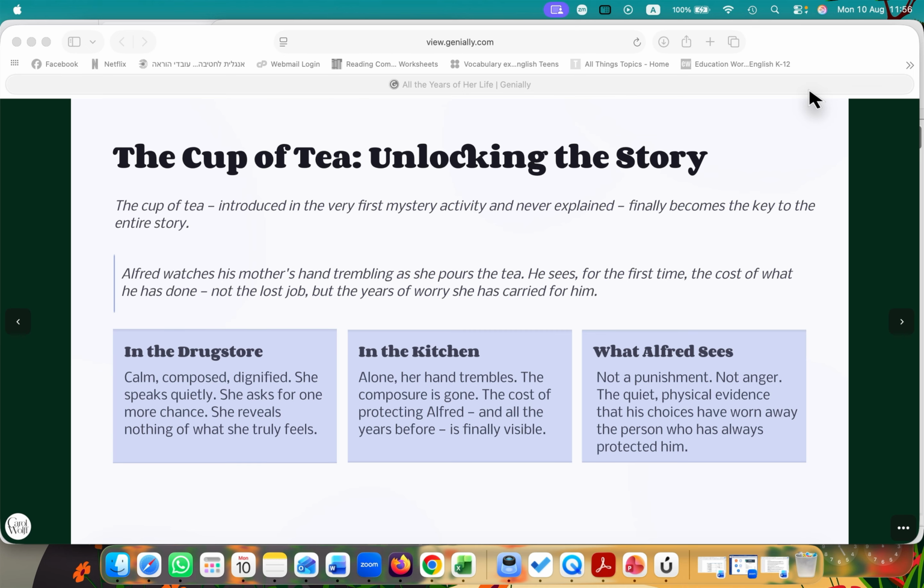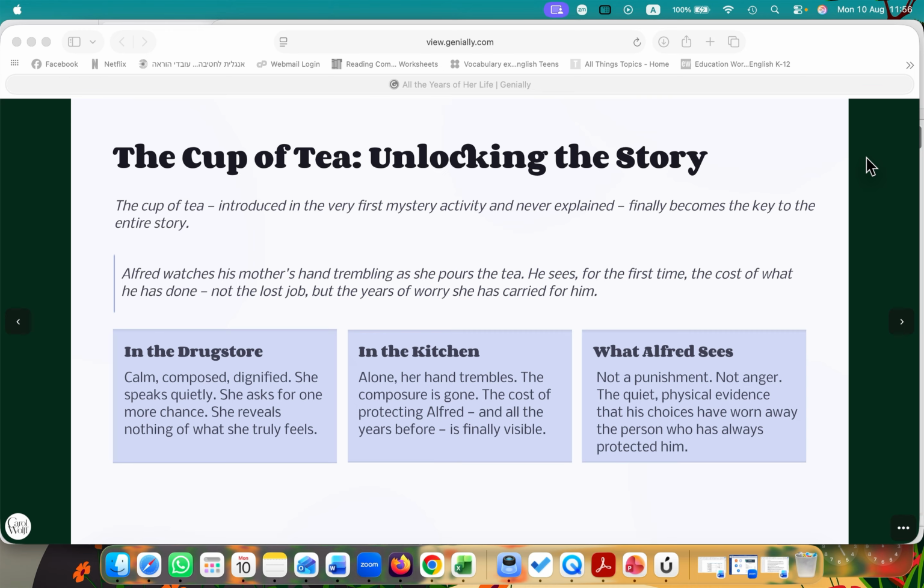Okay, here's where the cup of tea from the first activity finally pays off. In the drugstore, she's calm, composed, giving nothing away. But in the privacy of the kitchen, believing she is alone, her hand trembles as she pours the tea, and the cost of years spent protecting and worrying about Alfred becomes visible.